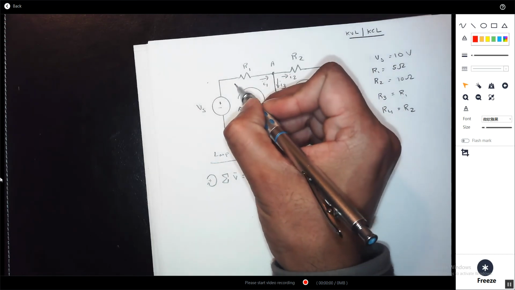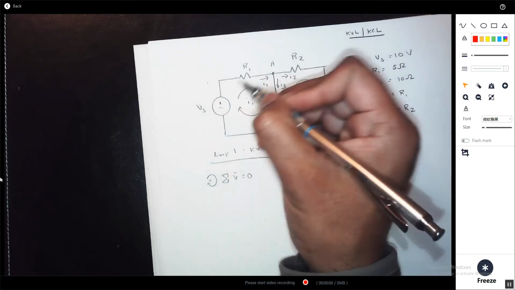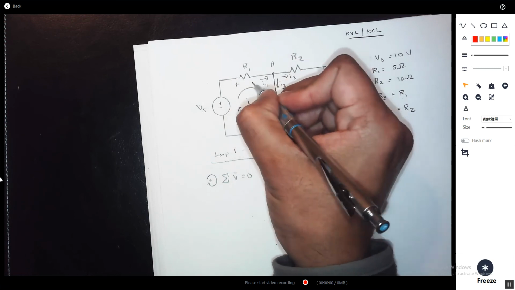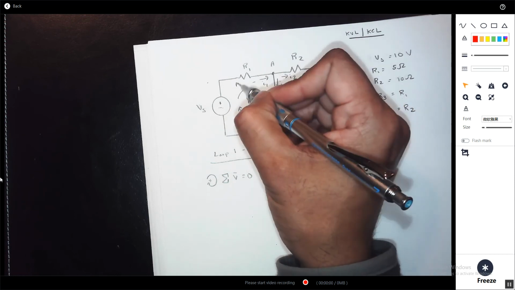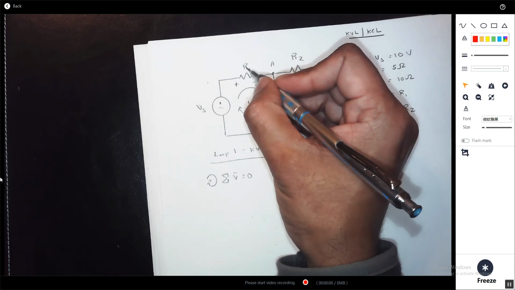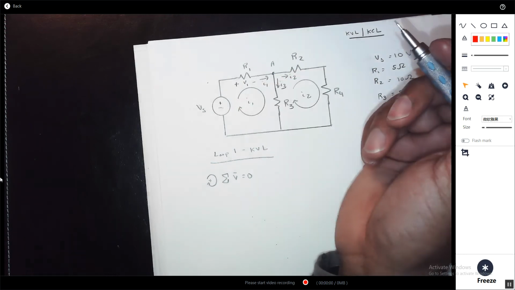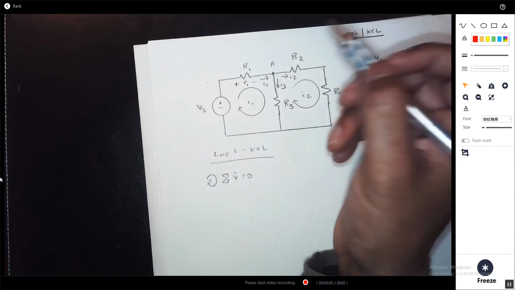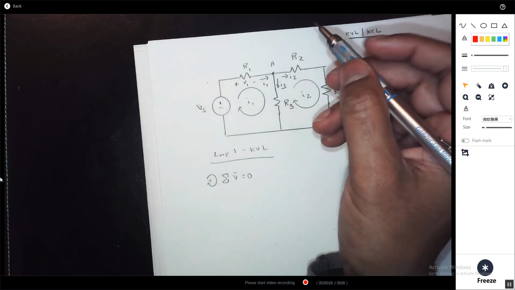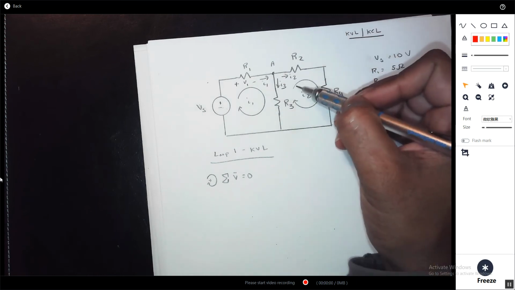Now, a voltage rises from minus to positive, a drop is from plus to minus. It's going to drop, high to low, okay? And since this is R1, we're going to call this V1, okay? And here, we're going to look at I2.